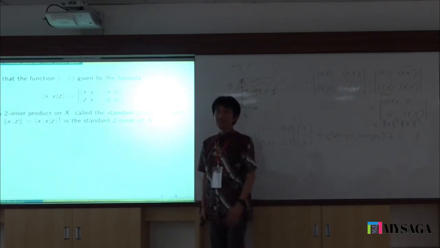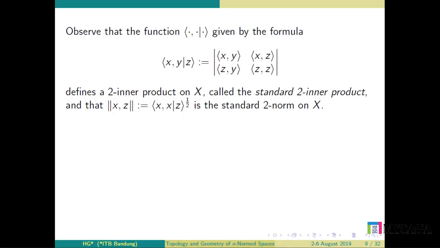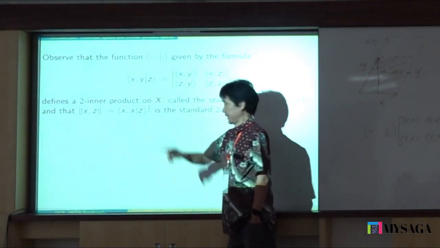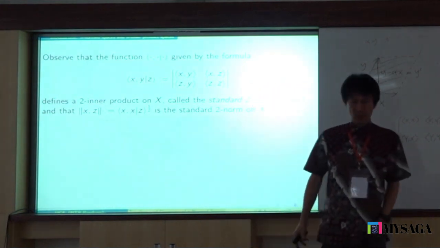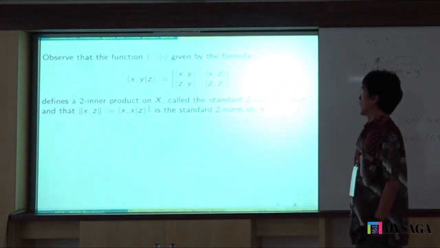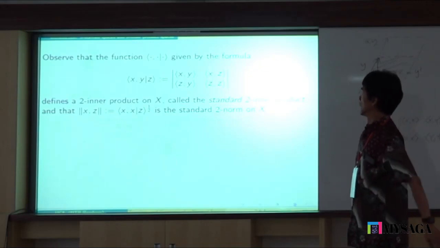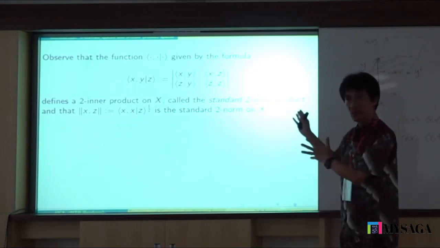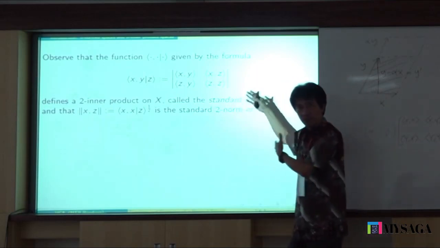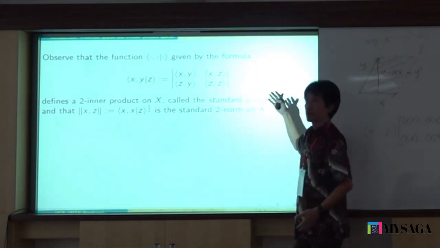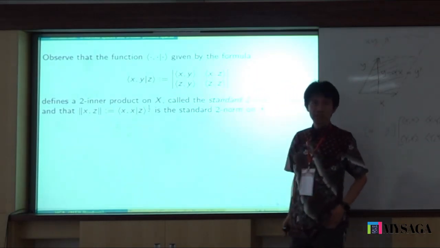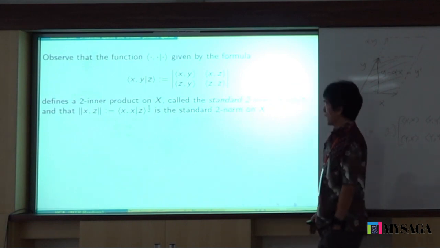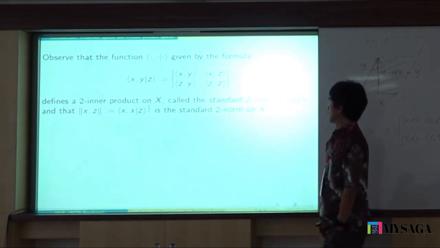And that is where the two inner product comes in. So we define this determinant and we denote it by that notation. Later on, I already called it the two inner product. You can check the properties easily using the properties of determinants and of course the properties of the inner product itself.